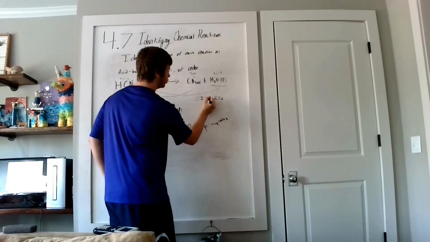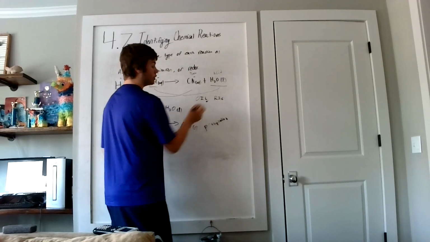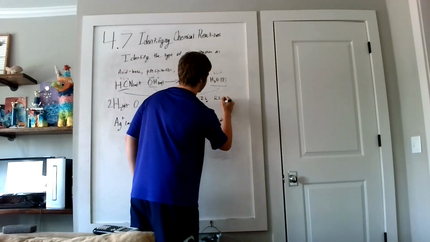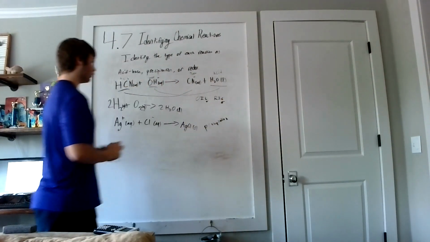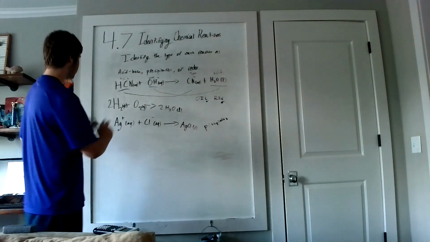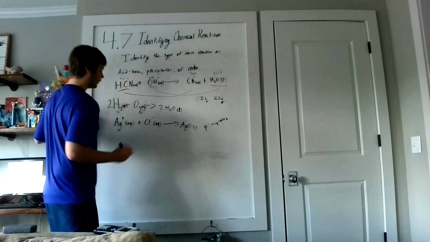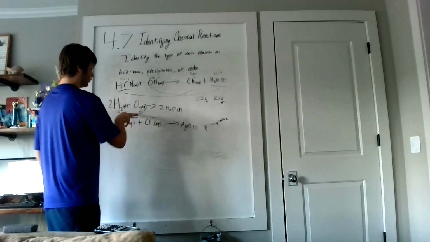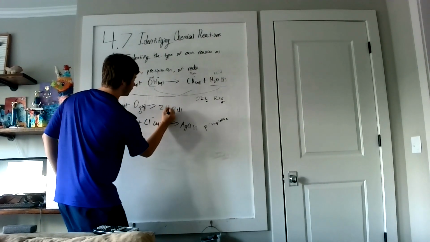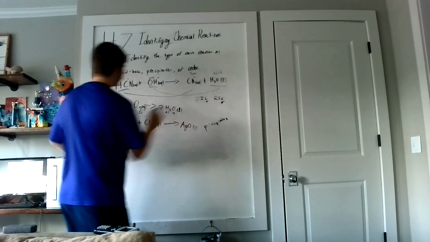Oxidation is losing electrons, and reduction is gaining electrons. So in this case, our H2, which is 0, and our O2, which is 0, goes from, so our H2 goes to +1, and our oxygen goes to -2.